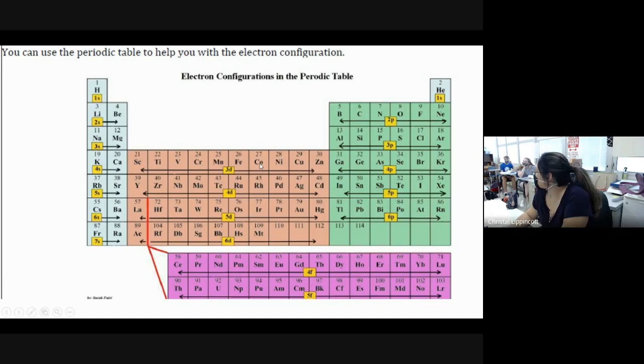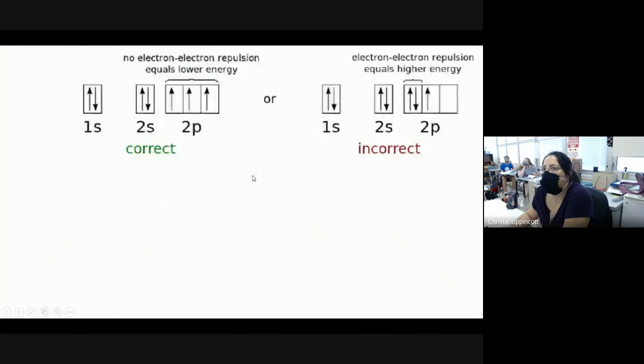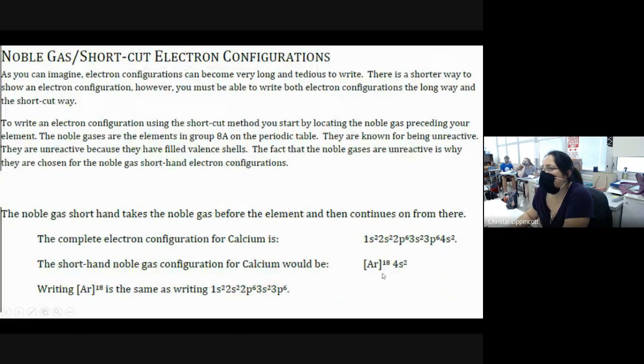So 3d7. And then you don't have to write all that stuff out in the beginning. So here, this becomes this. So this is calcium. So this part takes the place of all that stuff in the beginning.